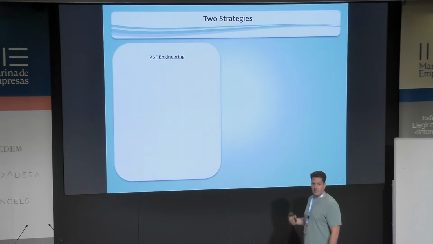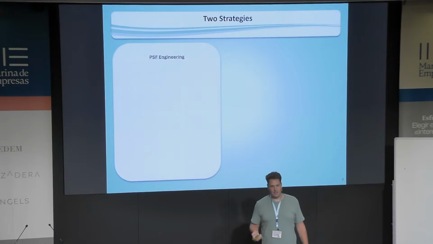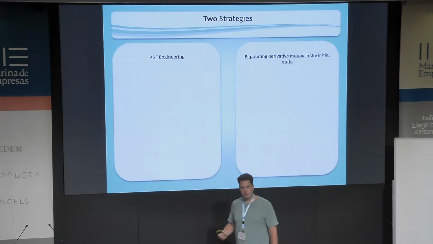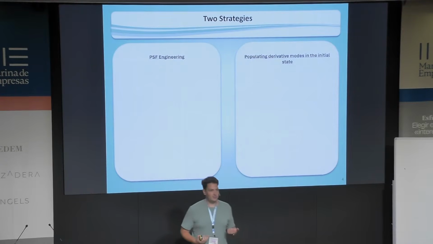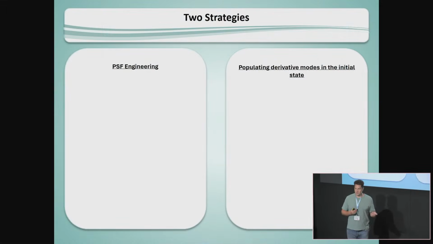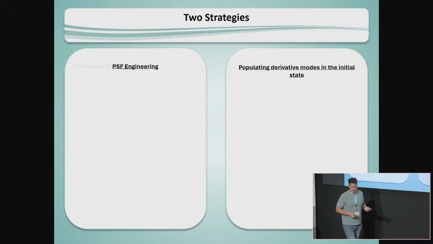One is engineering the point-spread function, and the other one is populating additional auxiliary modes proportional to these derivative modes, because the derivative modes can have an overlap with the original modes. So then we still get this effective Hamiltonian.